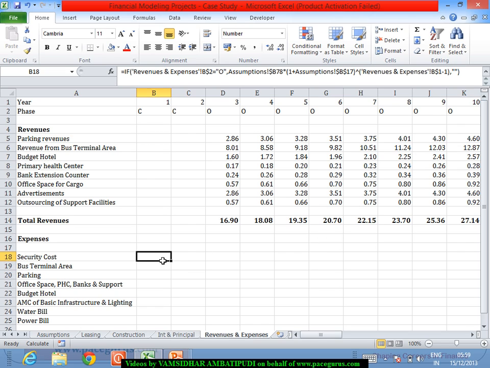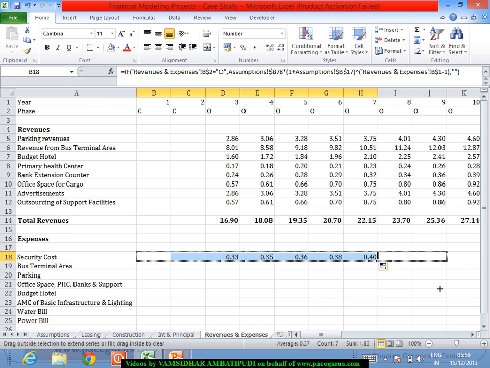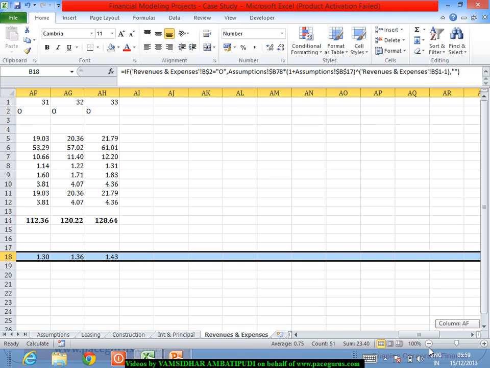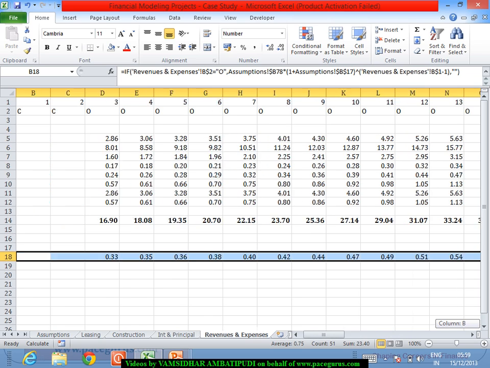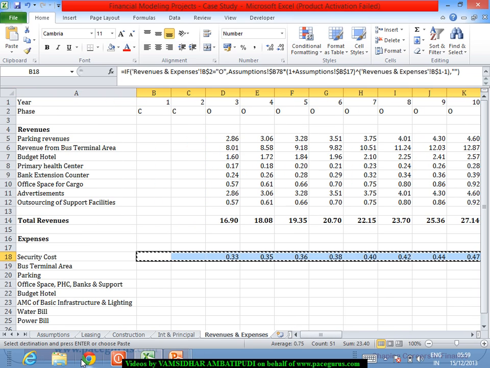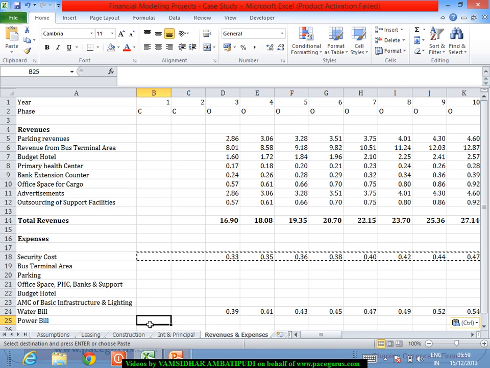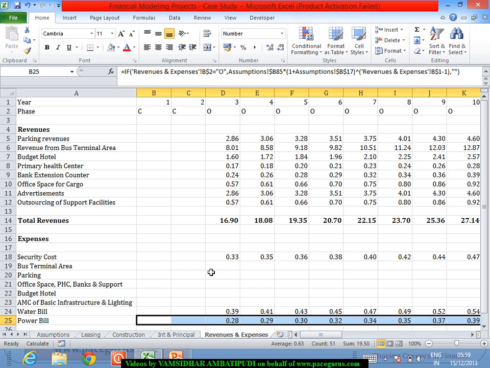So now I think the same formula can very well be replicated for the water bill as well as power bill, but before that we can quickly check how it is moving with respect to the security costs. Is it getting reflected correctly until the operations period? And the same thing, if I am carrying it to the water bill as well as to the power bill, it has to work.